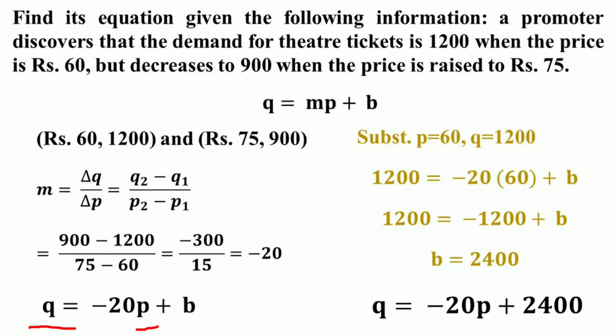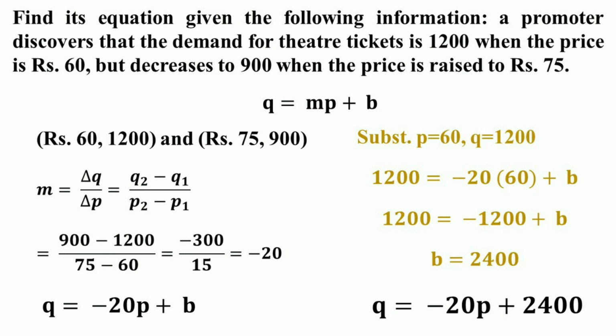So substitute the point, that is p is equal to 60 and q is equal to 1200, into the equation. Then it becomes 1200 is equal to minus 20 into 60 plus b. So 1200 is equal to minus 1200 plus b.